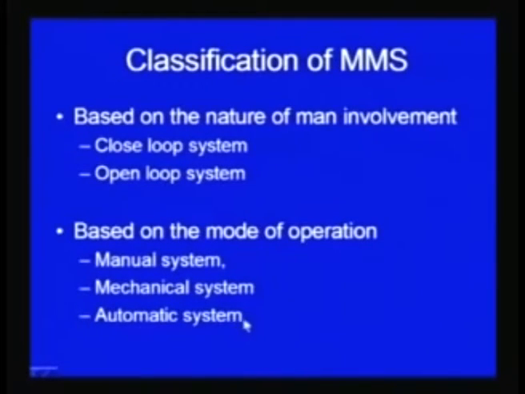So, not only are the power driven systems there for delivering the required energy for success of the operation, but activities like receiving the signals, taking suitable decisions and the action are also taken by the automatic system. So, these classifications will be covered in detail one by one.